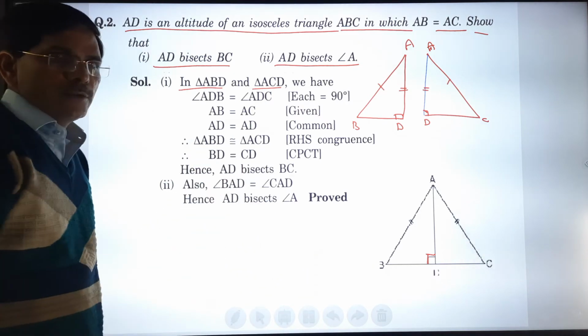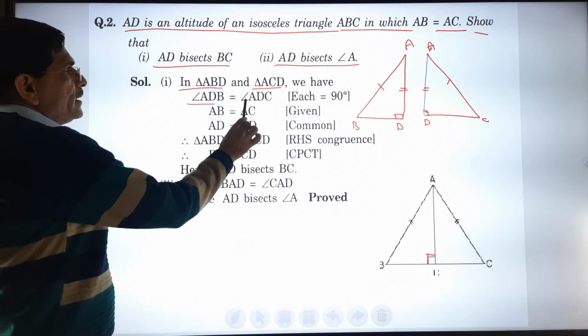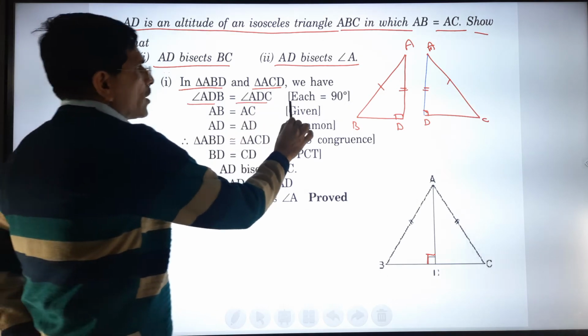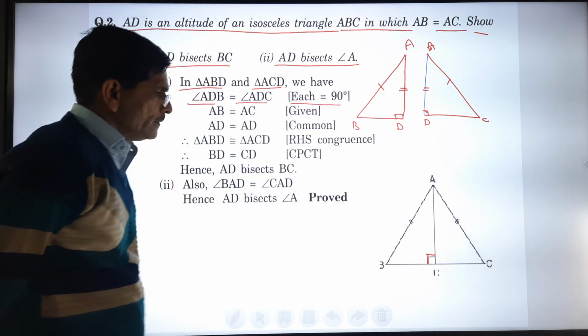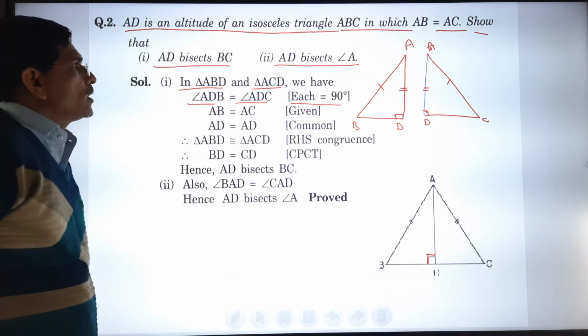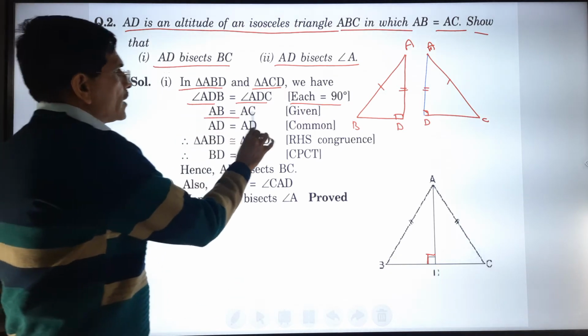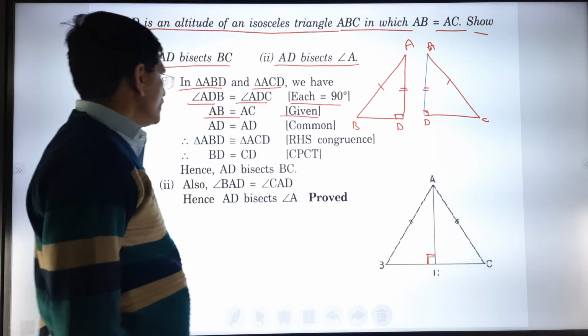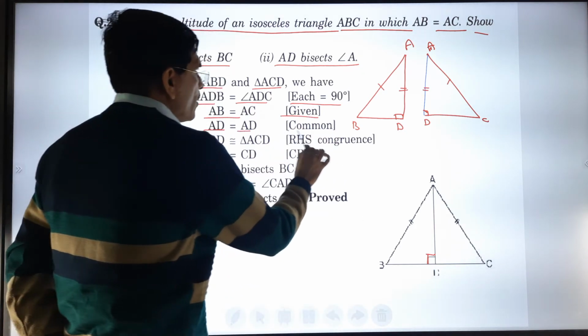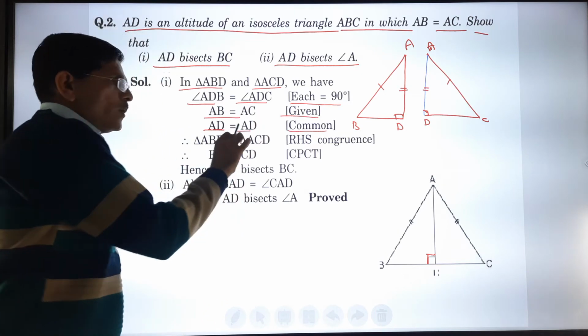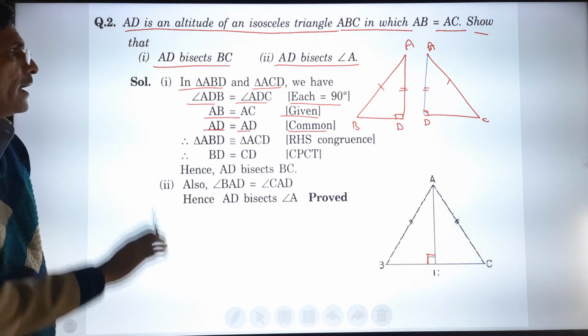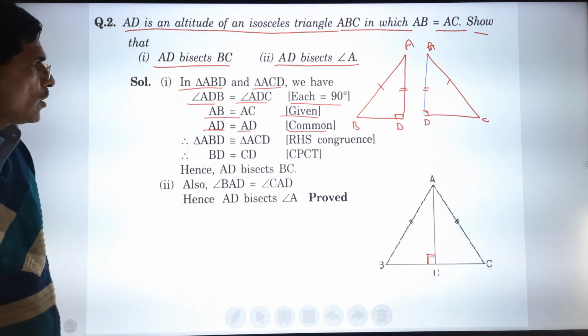Now how can we prove it? Angle ADB is equal to angle ADC, each 90 degrees. Now AB is equal to AC, that is given, and AD is equal to AD, that is common.